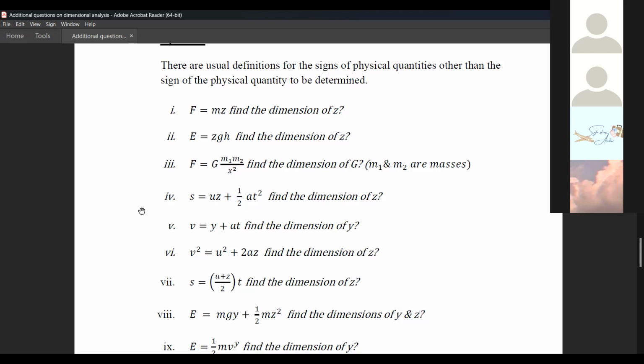Right hand side, denominator, it should be L squared. Okay?